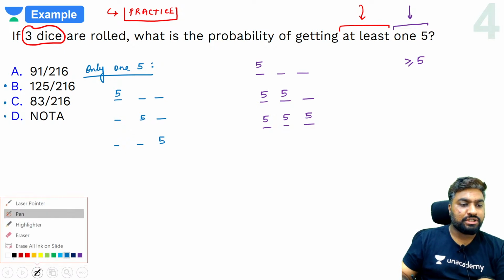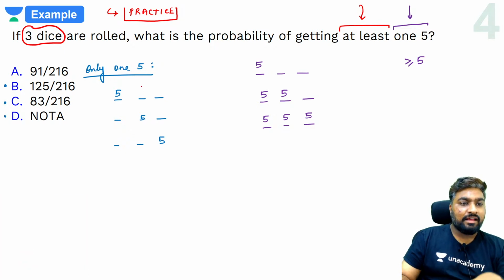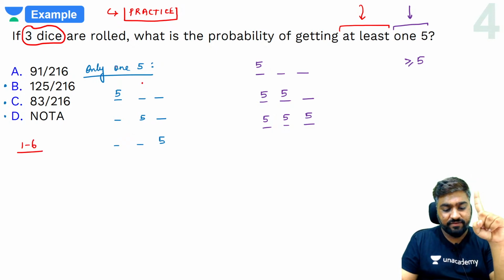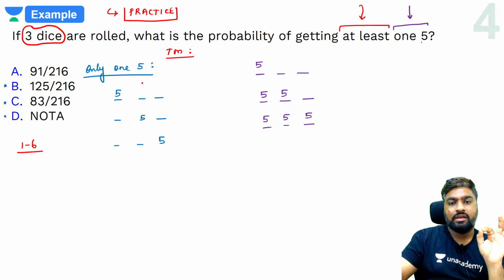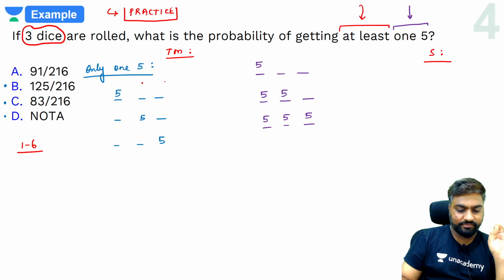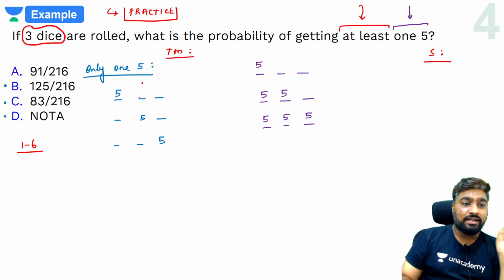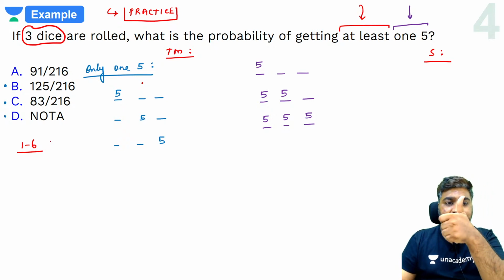Now look at the options. Between 1 to 6, I cannot have 5 here, because I want only one 5. This is the traditional method. The shortcut method would solve this question within 10 seconds. So this can't be 5; between 1 to 6 there are 6 numbers, out of that 5 is not allowed, meaning 5 options.